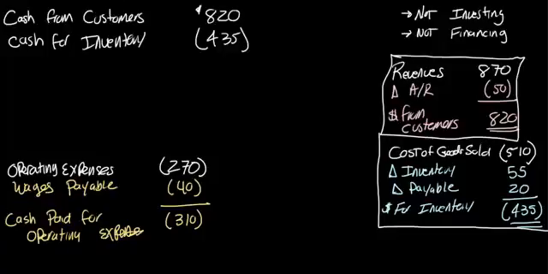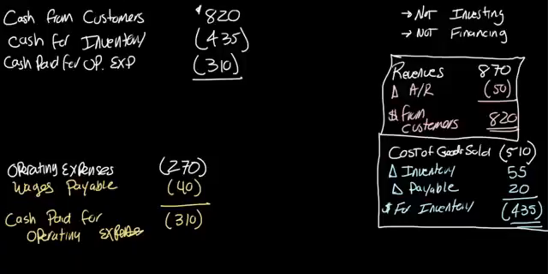So I put that in my statement of cash flows, direct method: cash paid for operating expenses, a negative 310. If I add those all up, a positive 820, negative 435, and negative 310, the sum equals 75. That's my cash from operations.